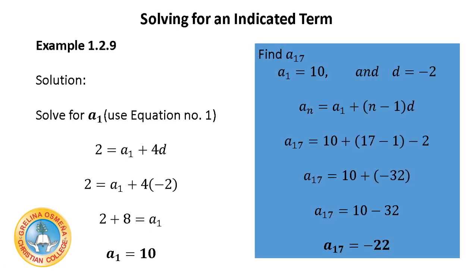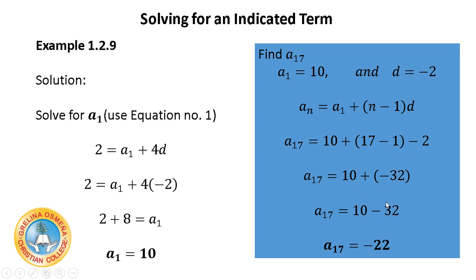So using that, we can get the value of a sub 17, because that is what we are looking for. We were only given a sub 5 and a sub 11. Now we have d and a sub 1: a sub 1 is 10 and d is negative 2. Using the general formula, a sub 17 equals 10 plus 17 minus 1 times negative 2. 17 minus 1 is 16, times negative 2, that's negative 32.